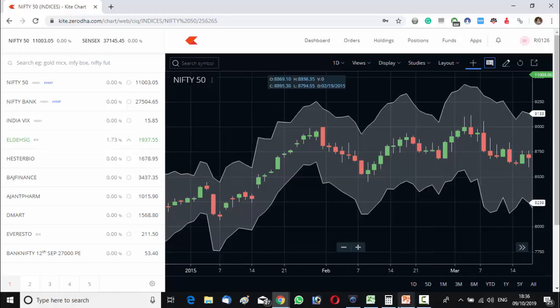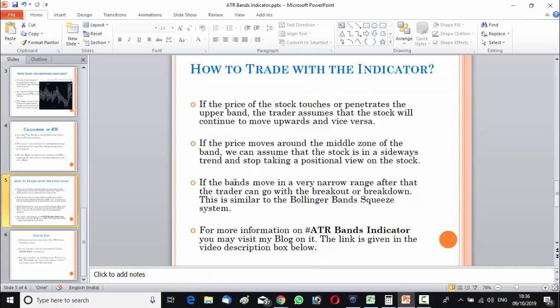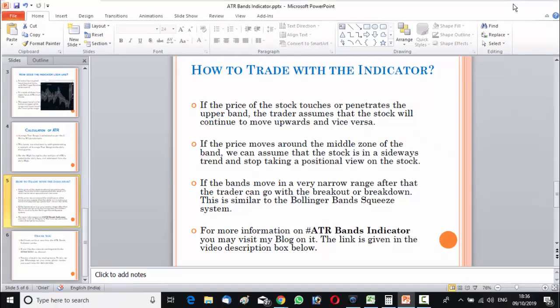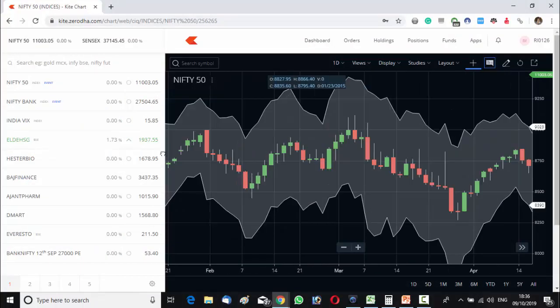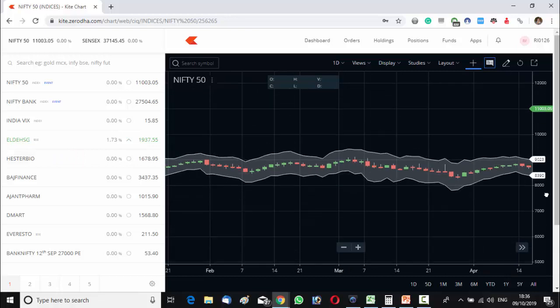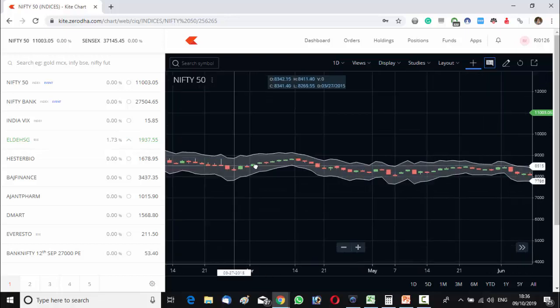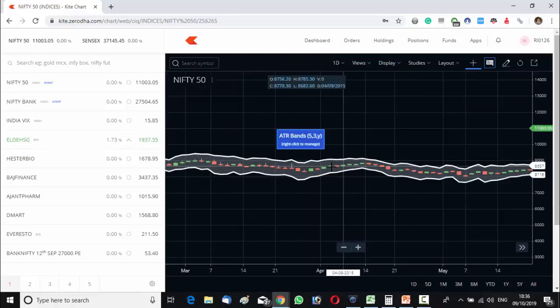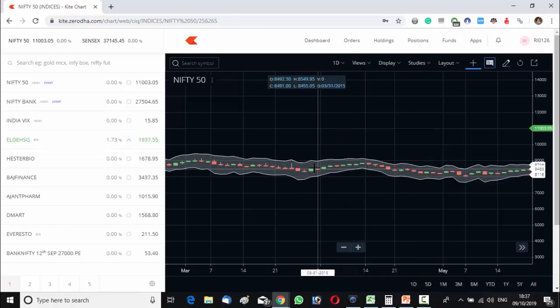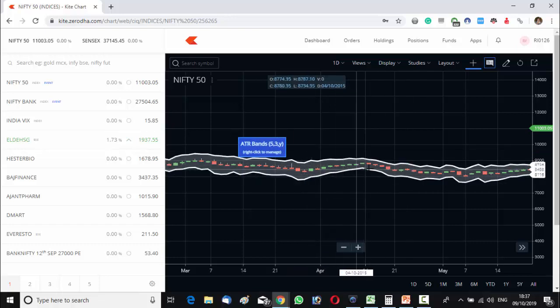And also in the next one, if the band moves in a very narrow range, after that the trader can go with the breakout or breakdown. So you need to identify a narrow range of the band. For this you need to minimize the bands. Suppose this is a very narrow range. From there, whichever direction the price has moved, this is a very narrow range.